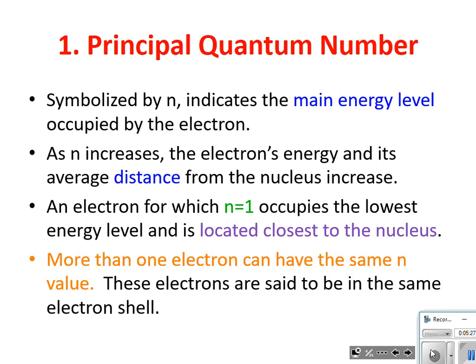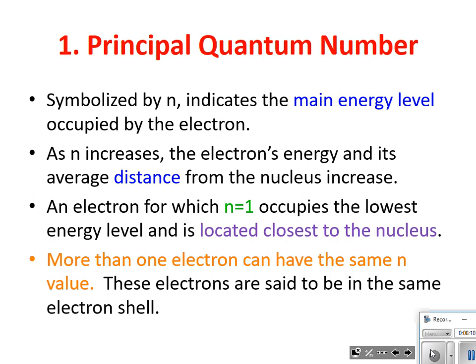All right, so the principal quantum number is symbolized by the letter N. So if I might ask you, what is letter N? Or what is the main energy level? Okay, we are talking about the principal quantum number. As N increases, the electron's energy and its distance from the nucleus also increase.